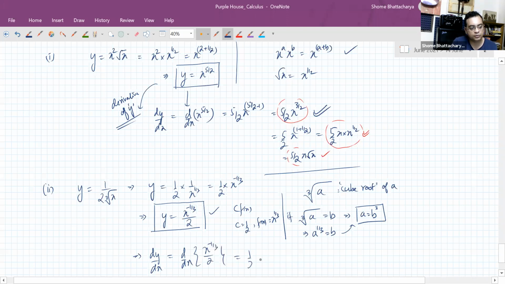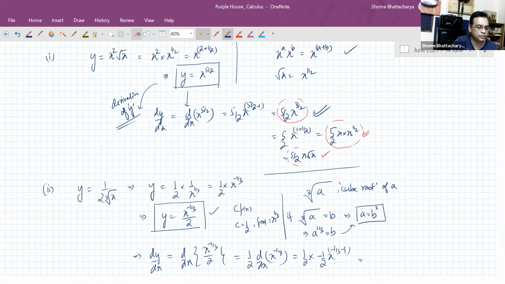First step, we can take the 1 by 2 outside because it's a constant. So 1 by 2 into n, x to the power n minus 1. The power is minus 1 by 3. So that's how we got this minus 1 by 6 factor.